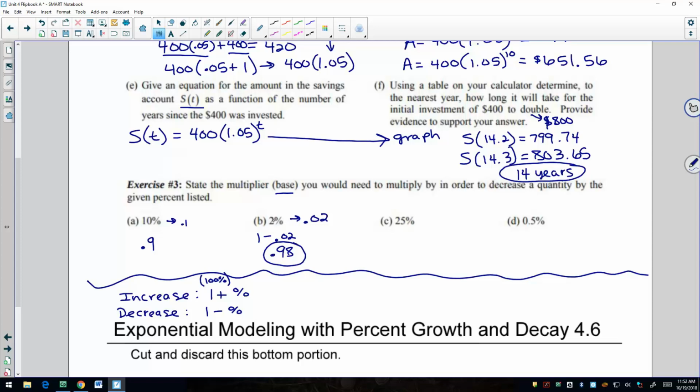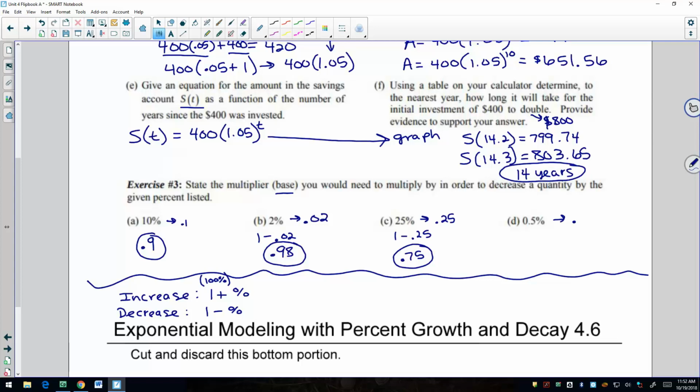We wanted to know what we would multiply by to lose 2%. The next one, 25%, is 0.25. So if you do 1 minus 0.25, that is 0.75. So 0.75 is what you would multiply by to lose 25%. You'd be keeping 75% of it and giving away 25%. The last one's a little tricky because this is really a tiny, tiny number.